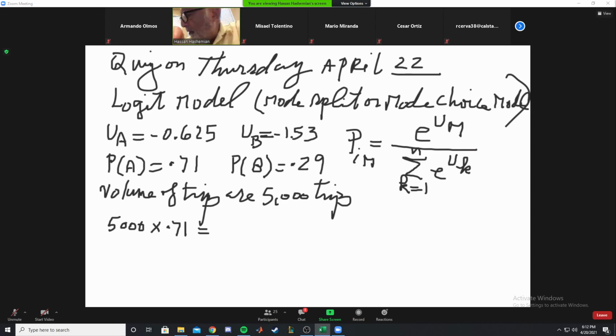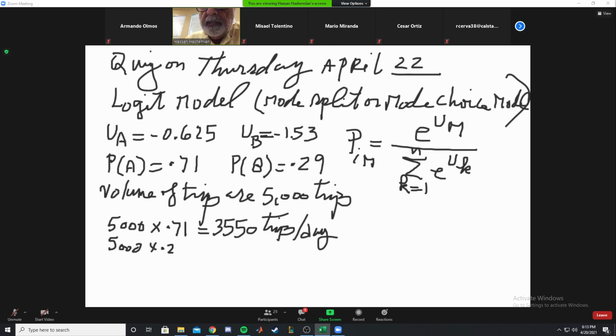That means the number that go by auto is 3,550 trips per day. So of 5,000 trips, 3,550 going by automobile. And by bus, 29% going, so we get 1,450 trips per day, correct? That's how we do that.